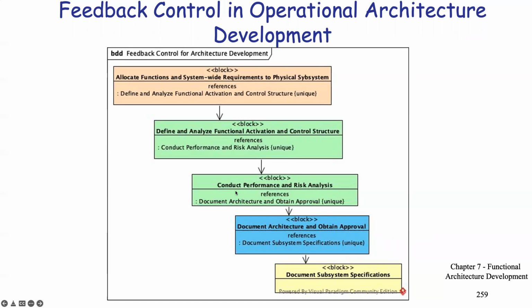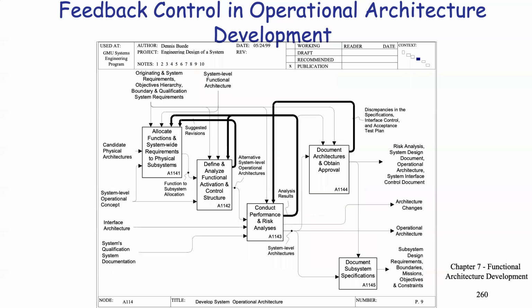That is then passed on to conduct performance and risk analysis. With that, you are able to document the architecture and obtain approval. And finally, you document the subsystem specification. And using an IDEF0, you see the same blocks that I just mentioned and have more detail in terms of the connectivities, the inputs and outputs for this overall process.